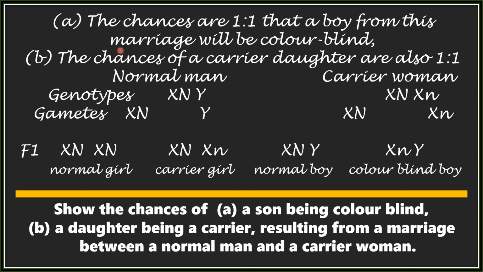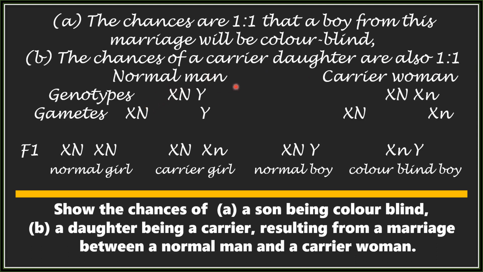The chances are 1 to 1 that a boy from this marriage will be colorblind. The chances of a carrier daughter are also 1 to 1.